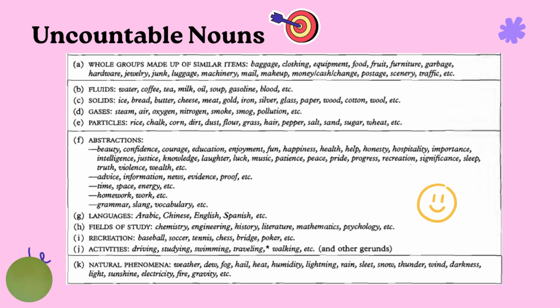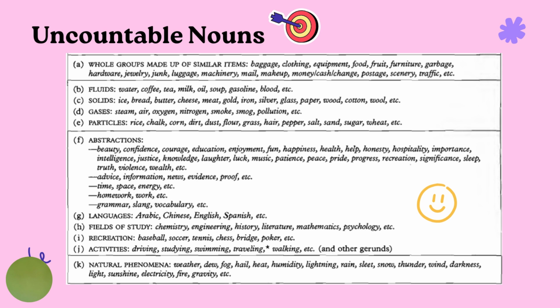So here are some criteria that can be counted as non-countable nouns. Okay, so whole groups made up of similar items, fluids, solids, gases, particles, abstractions, time. Like time, if you say 2 years, it still counts as uncountable. Okay, you will see the difference later.